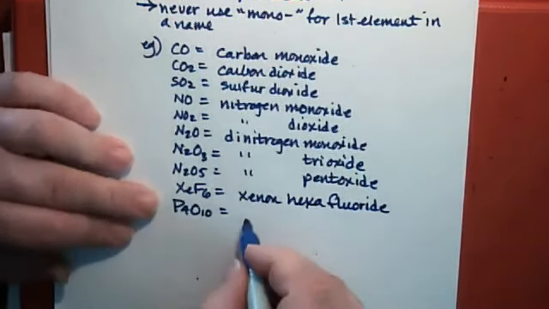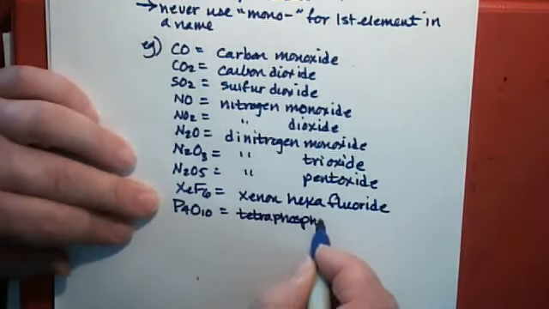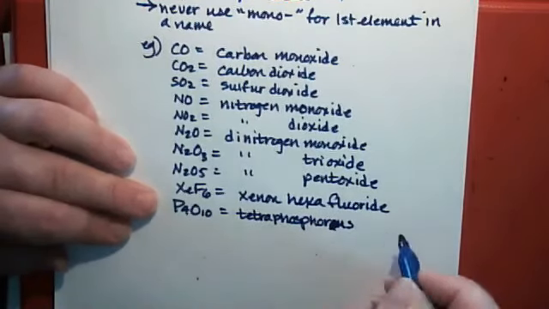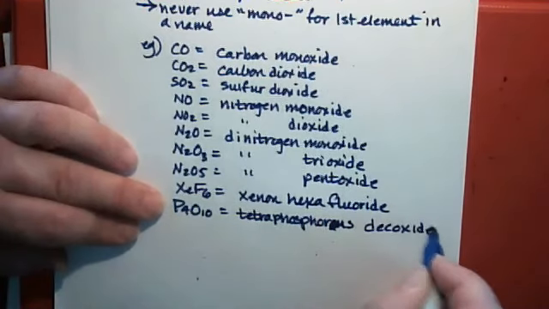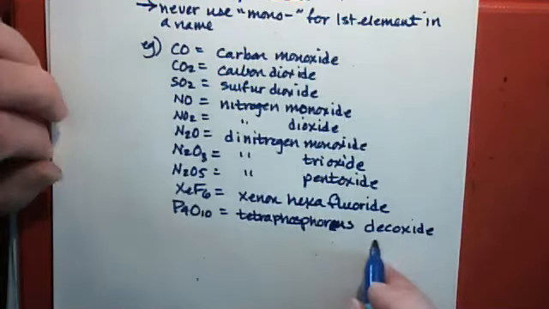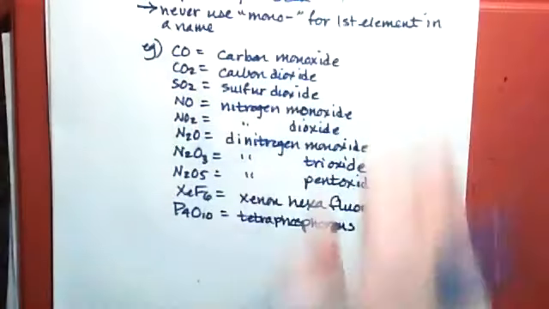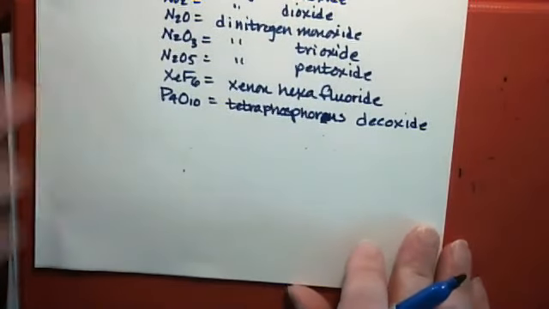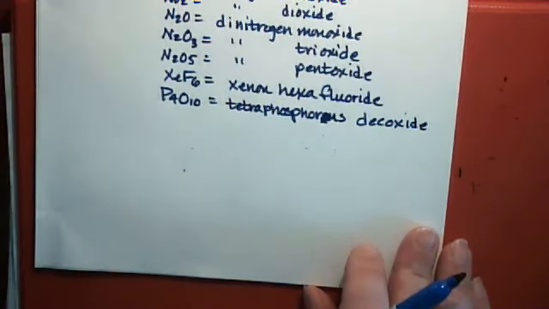There's P4O10, tetraphosphorus. Phosphor, nope, no U there. Tetraphosphorus decoxide. And so notice it's not decaoxide, it's decoxide. But you'll recall that these rules for naming these molecular compounds are very different from the rules for ionic compounds. So you do need to be aware of what type of compound it is you're dealing with.